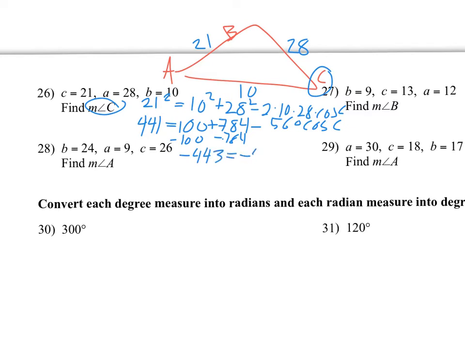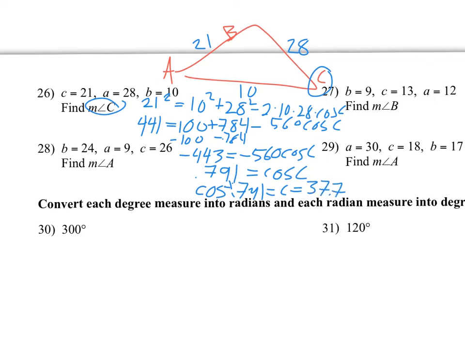That's equal to negative 560 cosine of C. Divide by negative 560. 0.791 is equal to cosine of C. We know we got to do inverse cosine of 0.791, and that's going to tell us C. So inverse cosine of that, and I get 37.7 degrees.